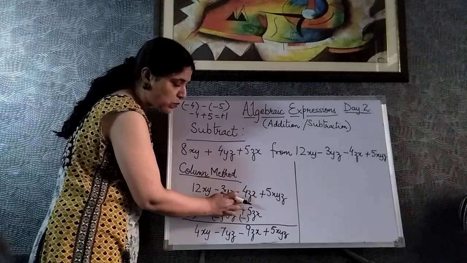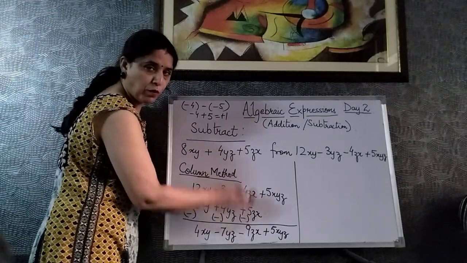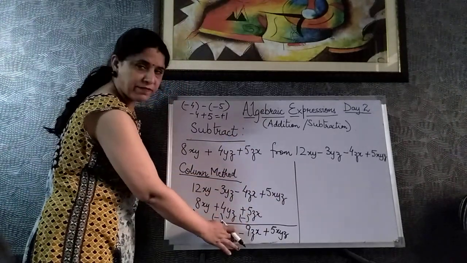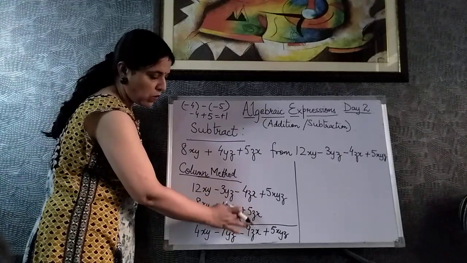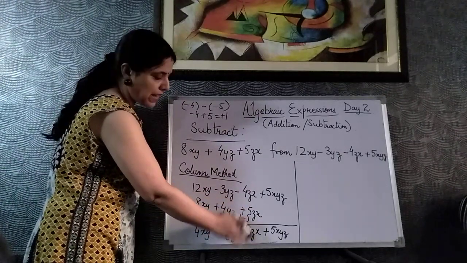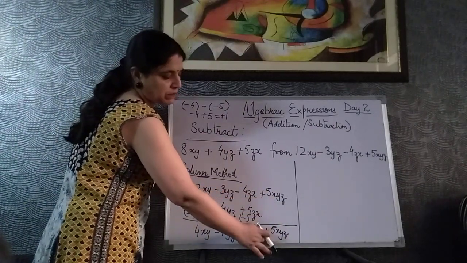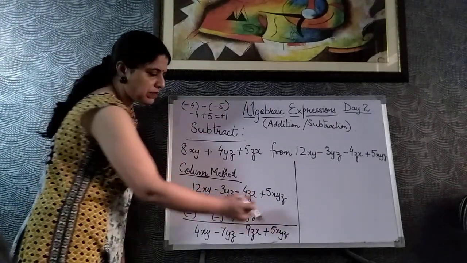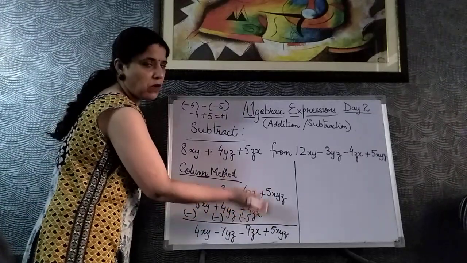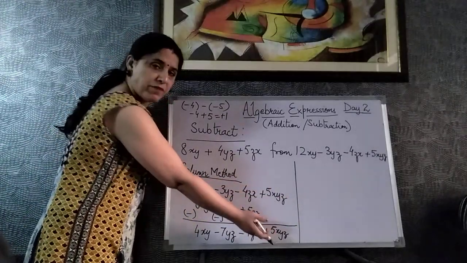Similarly, minus 4zx and minus 5zx. Both are negative, we add with the negative sign, so minus 4 minus 5 is minus 9zx. And here you don't have any term below 5xyz, so this comes as it is. Clear?